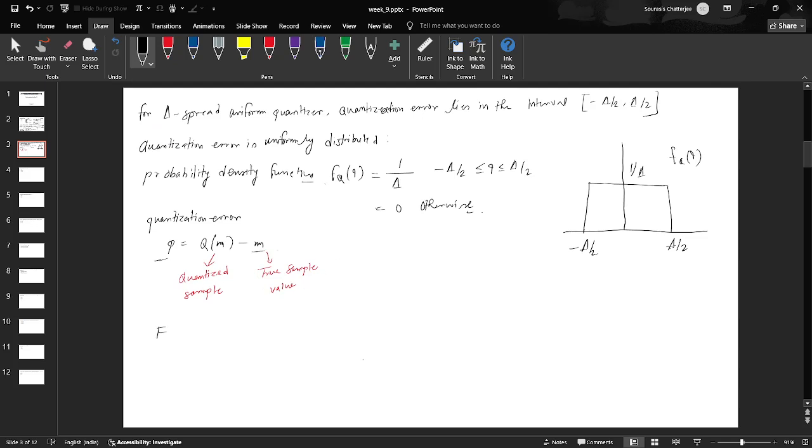So you have the expected value of q. q is a random variable and we know how to find the expected value of a random variable when its PDF is given. You have to integrate over its range q f_q of q dq, multiply the random variable with the PDF and integrate it over the range of its values. That's all. If I do that, this is a constant, it can come out, 1 over delta.